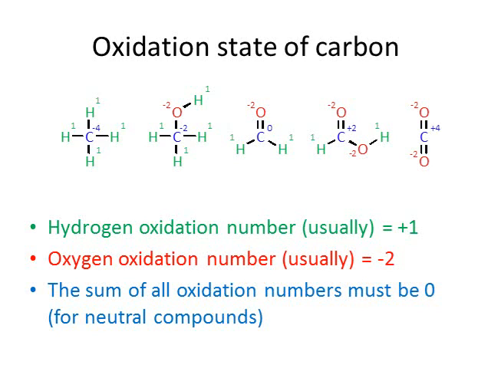You'll notice in methane, each of the hydrogens has an oxidation number of +1. For the total of all of the oxidation numbers for all 5 atoms to add up to 0, the carbon has to have a value of -4. In the next case, methanol, since I've got 4 hydrogens, each of which has a +1, and an oxygen which has a -2, the carbon must have a -2.